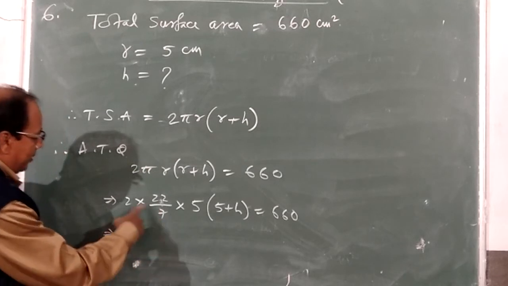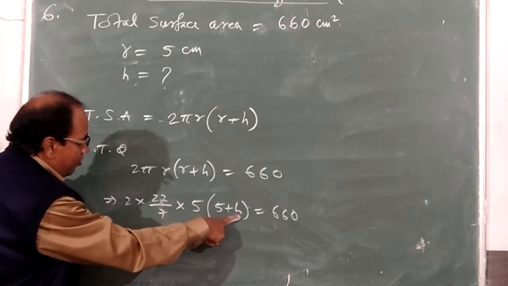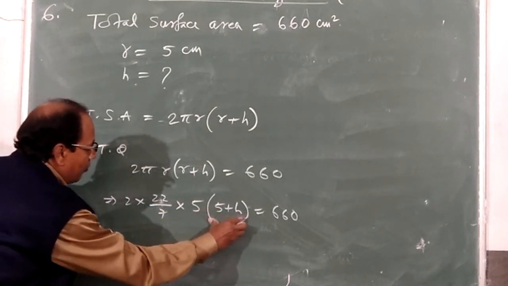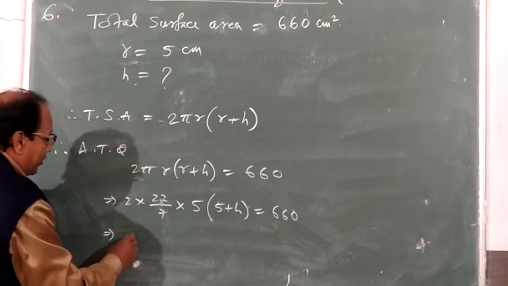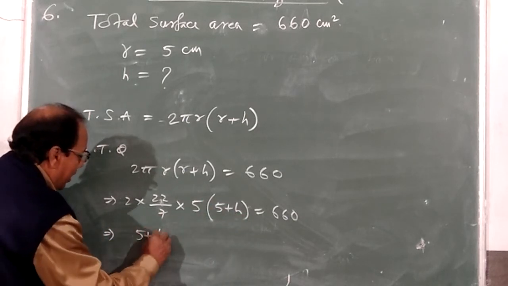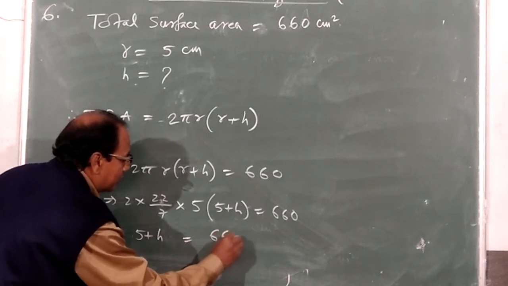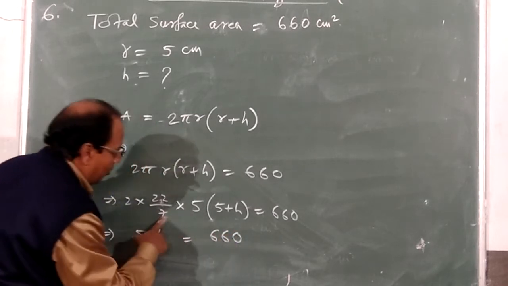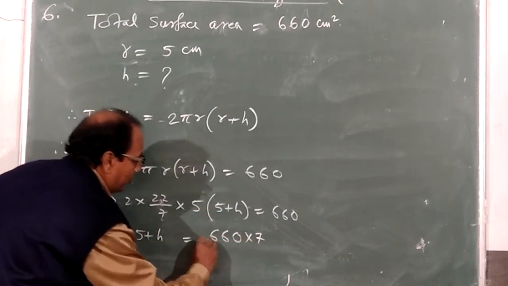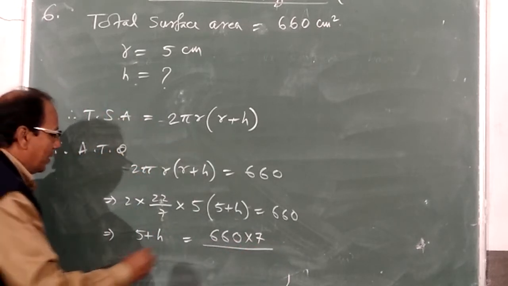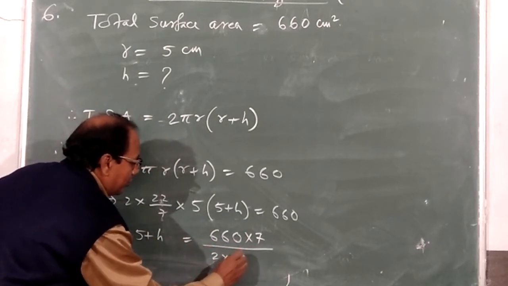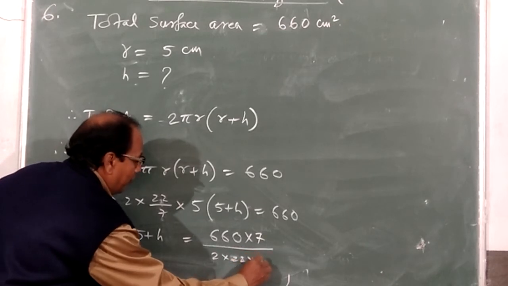So here only h is unknown, so we'll keep this portion on the left hand side. So 5 plus h is equal to 660. 7 will go up, cross multiplication, you know. So 2 into 22 into 5.